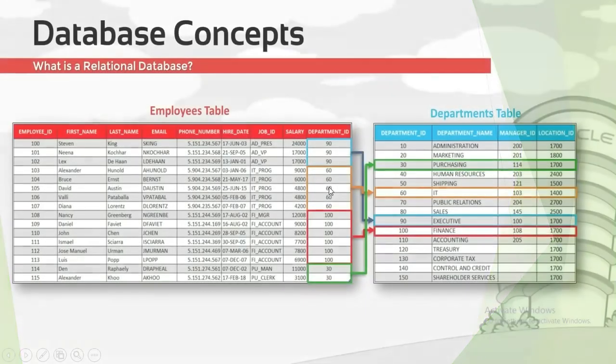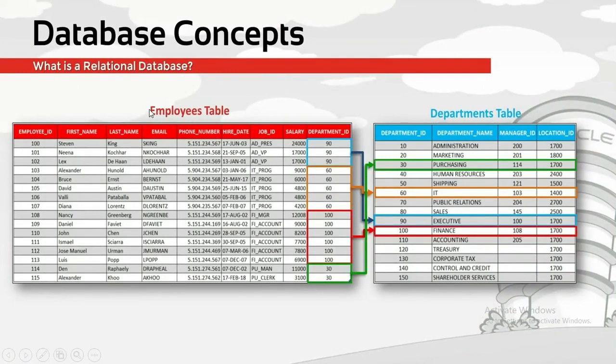We move to the next. What is a relational database? This is called the employees table and this one is called the departments table. The employees table contains employee ID, first name, last name, email, phone number, hire date, job ID, salary, and department ID. The departments table contains department ID, department name, manager ID, and location ID.